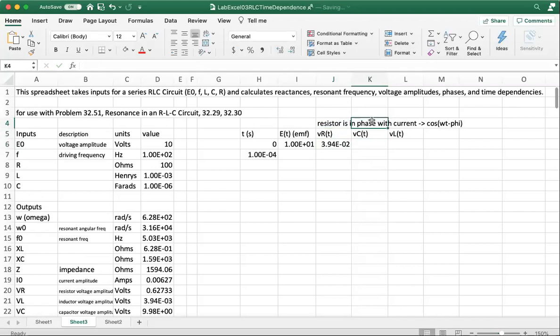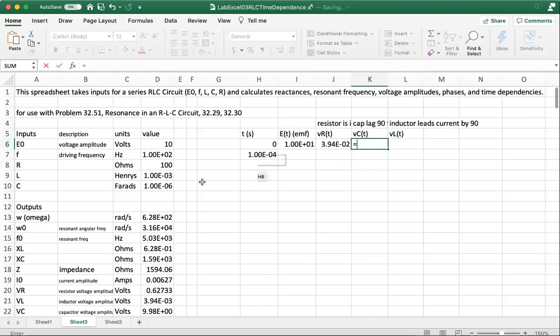The capacitor is going to lag the current by 90 degrees, and the inductor leads current by 90 degrees. So it's all based around the current. You find the current from the phase phi. Once you've got that, you can just space your capacitor and your inductor by lagging or leading 90 degrees.